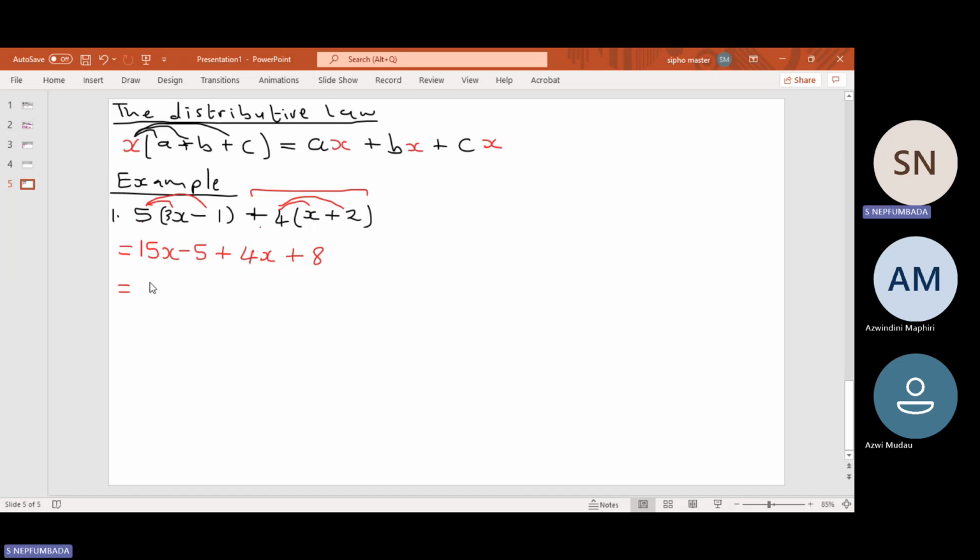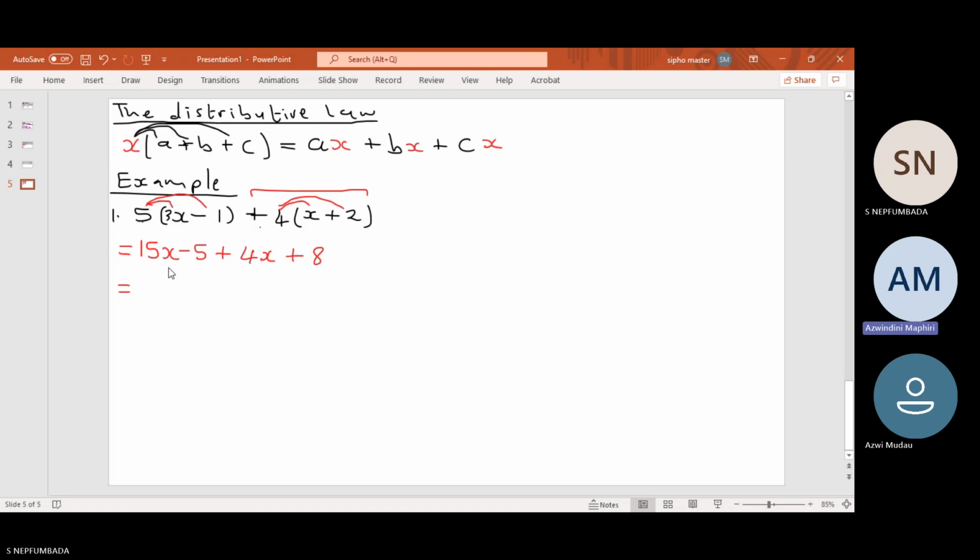So when we are grouping the like terms, what do we check?